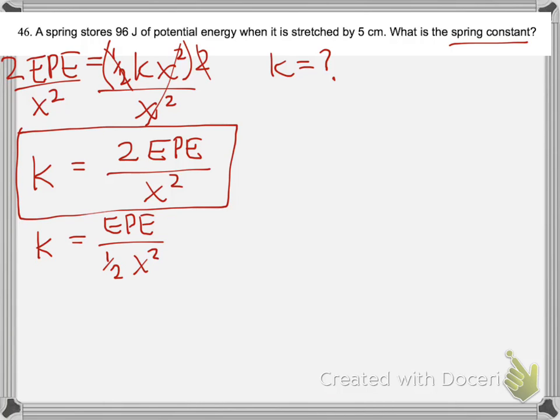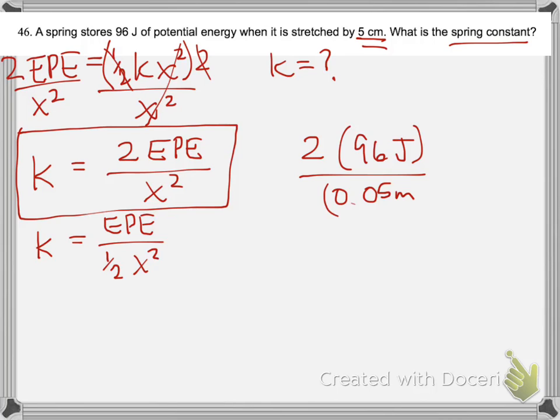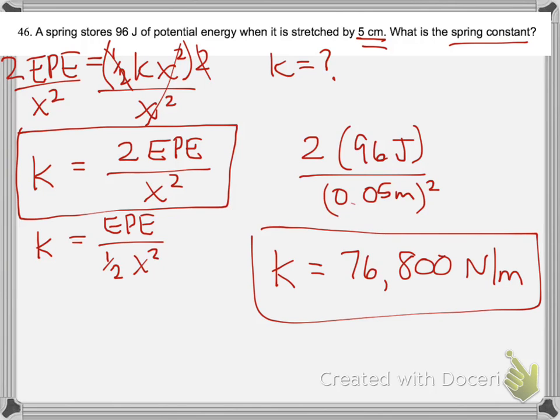And then if we plug in our numbers, we'll have 2 times our 96 joules divided by our 0.05 meters. Again, it's centimeters, so we need to do the conversion. And that gets squared. And when we follow our order of operations and get our answer, we should get 76,800 Newton meters as our answer.